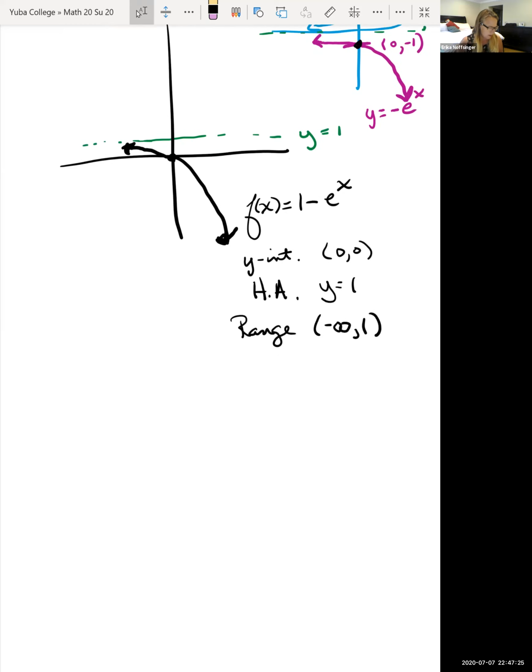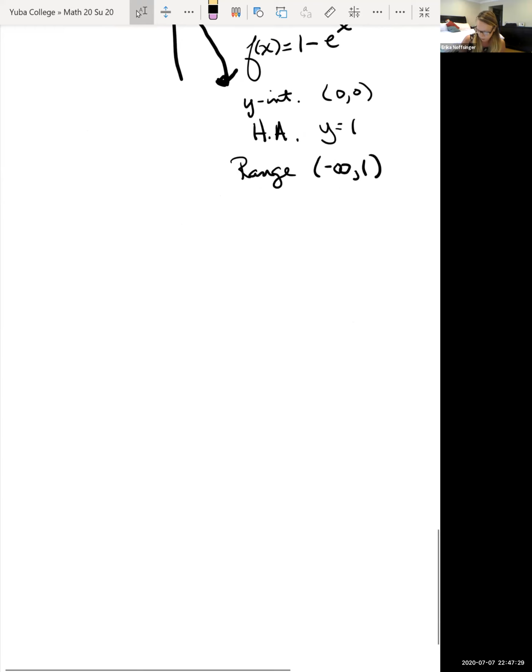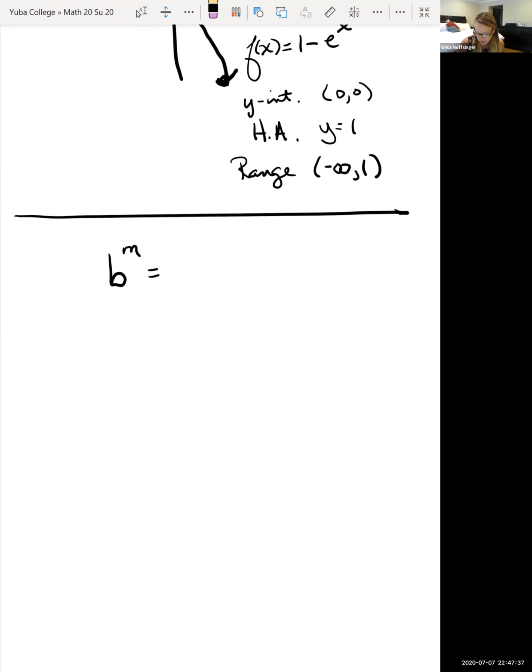Another thing that you need to know or remember when you're solving exponential equations is, if you can get it in the form where some exponential equals another exponential, and they're the same base, then we can just say that m is equal to n.